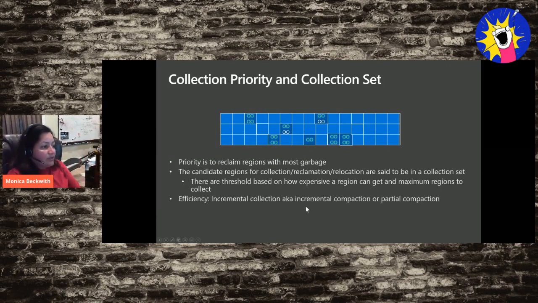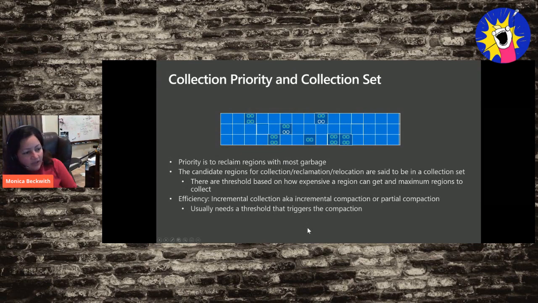Okay, and this is something that I had talked about earlier when I was talking about the considerations that we want to have for automatic memory management. Efficiency is one of them. I gave the example of incremental collection, which is also known as incremental compaction or partial compaction or mixed collection. It's all the same. It just means that you are not going to collect the entirety of a generation, but you will collect it incrementally so that you still respect your pause-time goals.